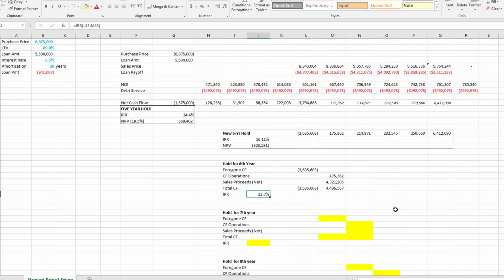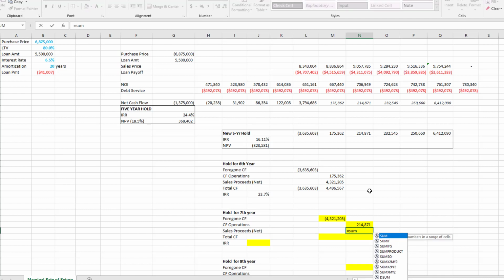Now let's do the 7th year, and I'm going to stop and let you do the rest. So the foregone cash flow in the 7th year is just going to be, I'm going to put this negative and link to this cell right here. We're not selling it at the end of the 6th year, so we're foregoing $4,321,000. The cash flow that we would get if we held it for the 7th year is going to be the $214 in operations.